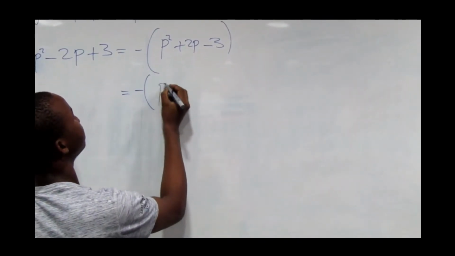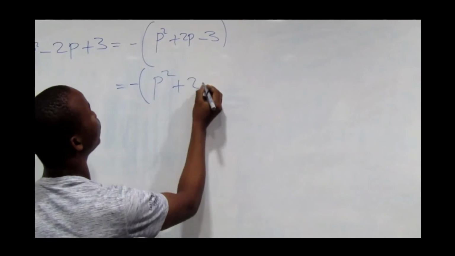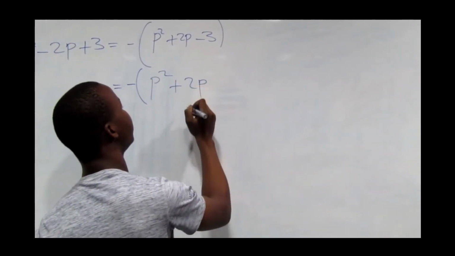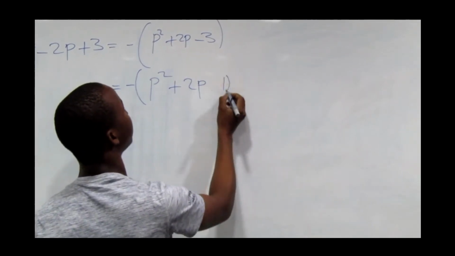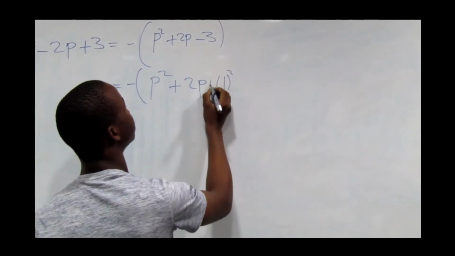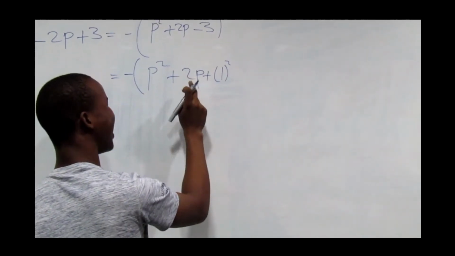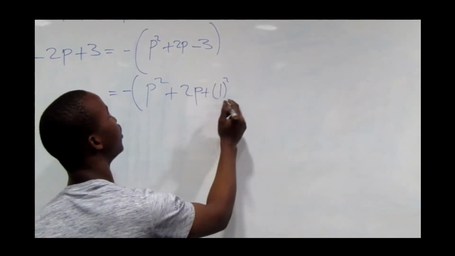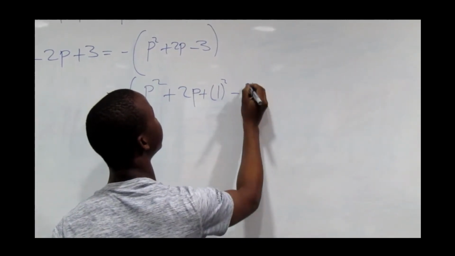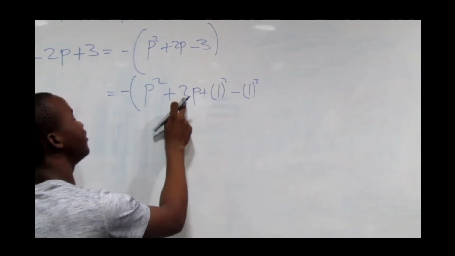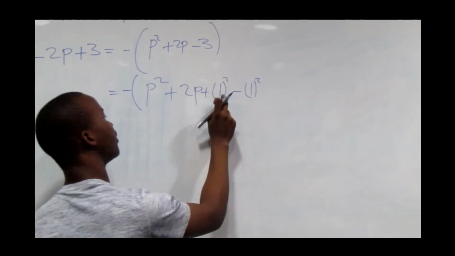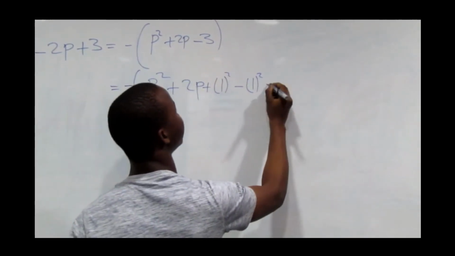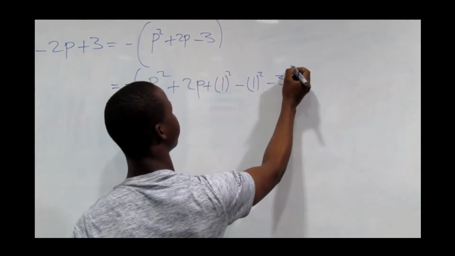We have p squared plus 2p, and half of the middle term 2 is 2 divided by 2, which is 1. We add that 1 squared, we minus that 1 squared, then we minus the 3 that we were having.